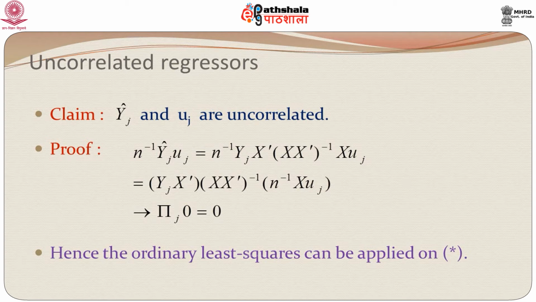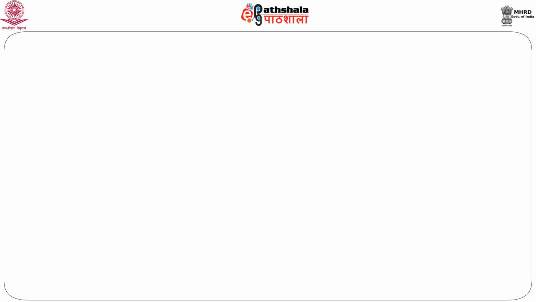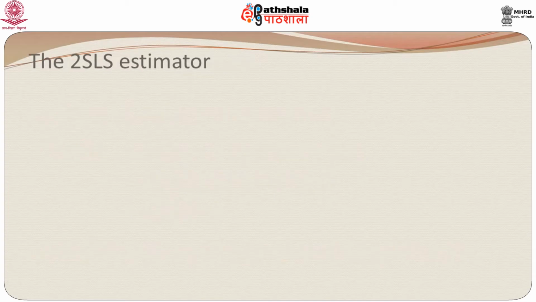So, what we have is pi j into 0, which is equal to 0, and hence asymptotically this yj hat and uj are uncorrelated to each other, and hence if we have a reasonably large sample, we can use the ordinary least squares on star. This leads us to the 2SLS estimator.